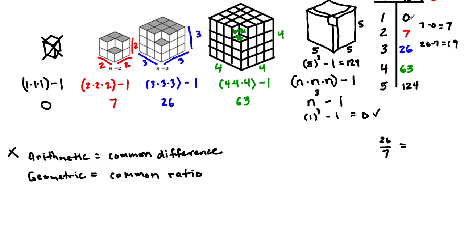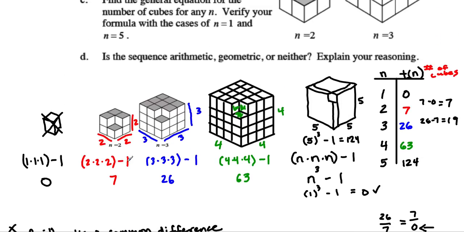Now if we just compare that to 7 divided by 0, obviously you can never have 0 in the denominator here, so that is not going to work. So this is not going to be a geometric sequence, in which case then it's going to end up being neither.